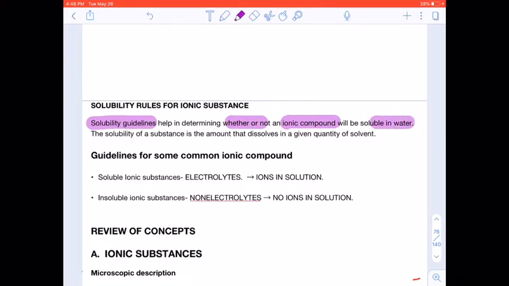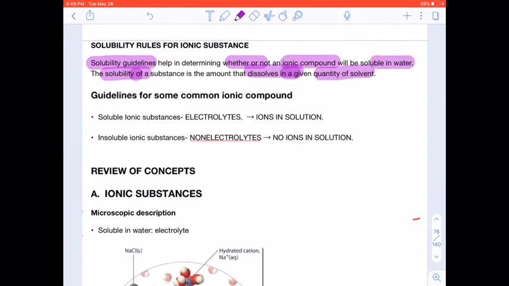The solubility of a substance is the amount of solute that dissolves in a quantity of solvent. That gives you an indication of solubility. Now, guidelines for some common ionic compounds.